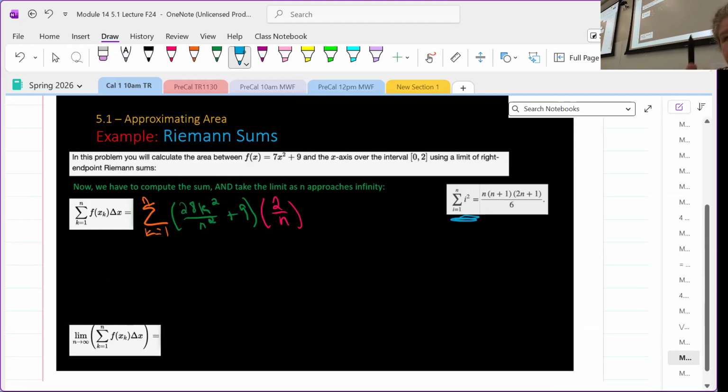Okay, so this is going to look a little weird. The 2 over n doesn't have a k in it, so that is a constant I can pull outside of my sigma.